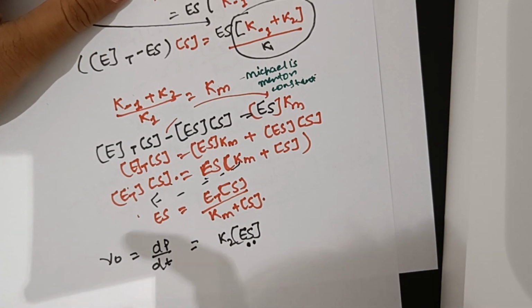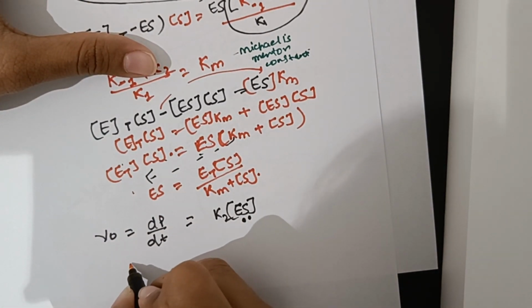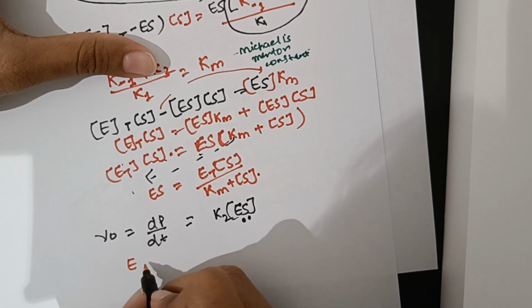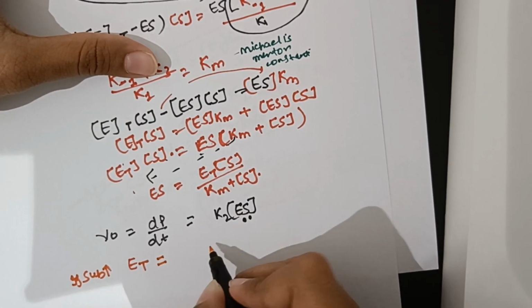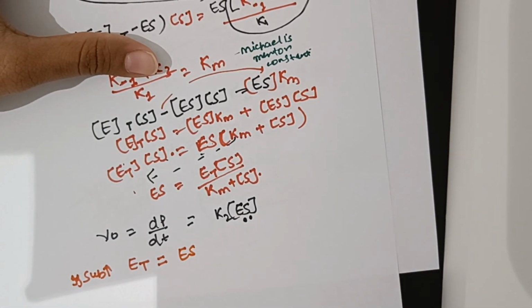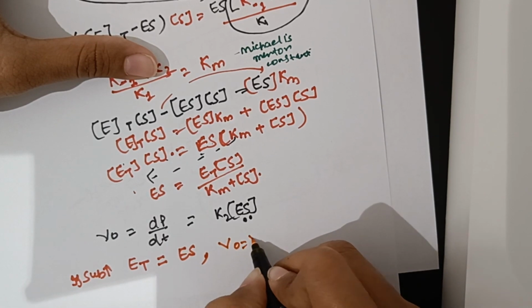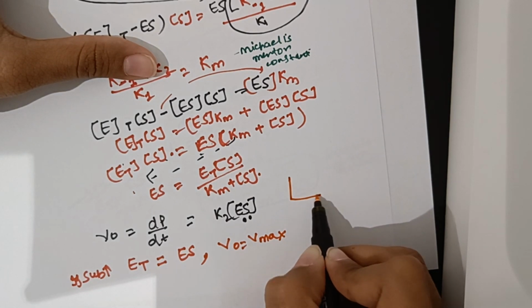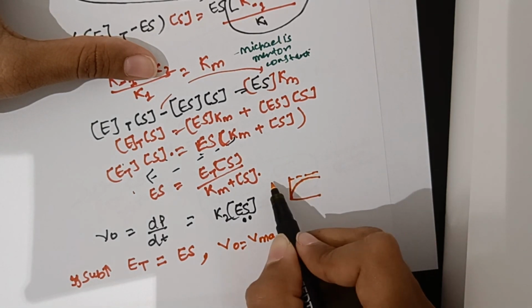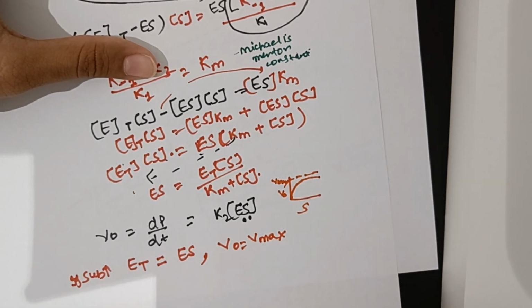So suppose, the assumption that we take is that at a very high concentration of substrate all the enzymes will be saturated, right? If the substrate concentration is too high, all the enzyme will be bound to the substrate. Like I talked about, if we have 10 substrate and 5 enzyme, everything will be bound, and we reach the stage where V naught is equal to Vmax. If you remember the first graph where everything gets saturated, this is Vmax, and this is the substrate at very high concentration.